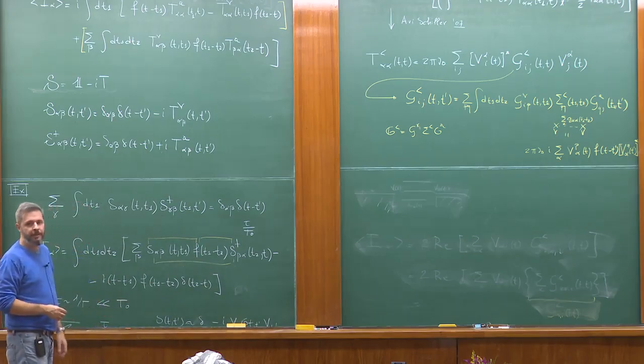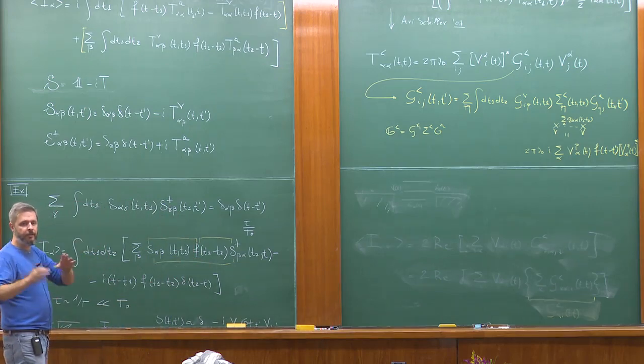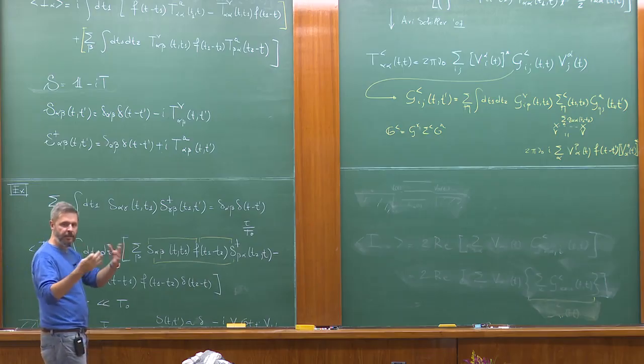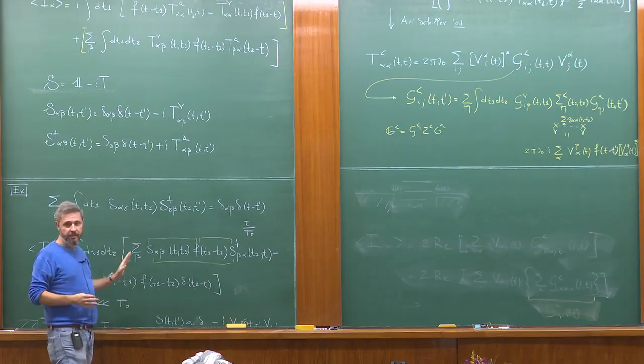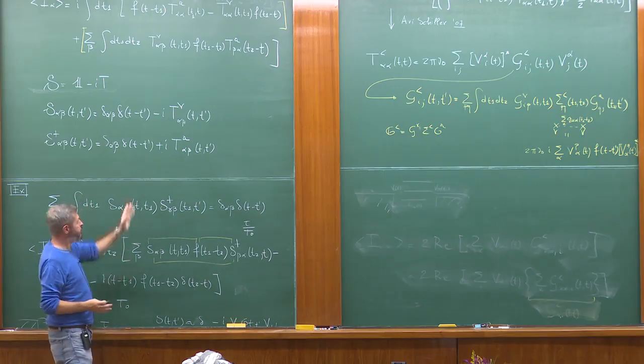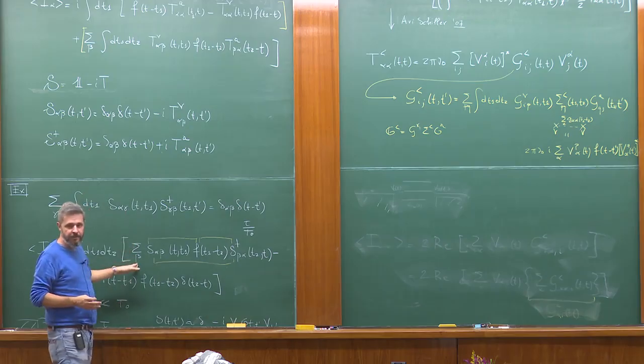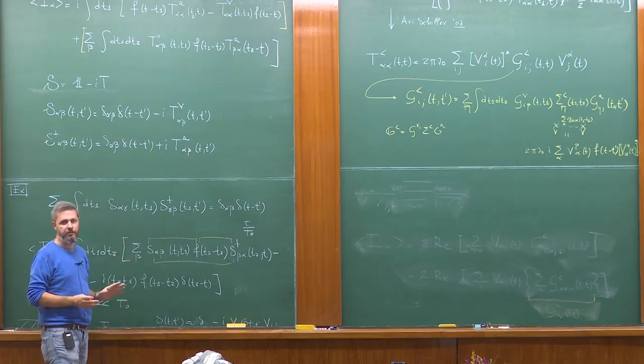Here we are in the kingdom of Homi Bhabha, and he liked aesthetics in art and in physics. So this is because of aesthetics, right? This looks ugly, and when you write it in terms of S matrices, it looks much better.